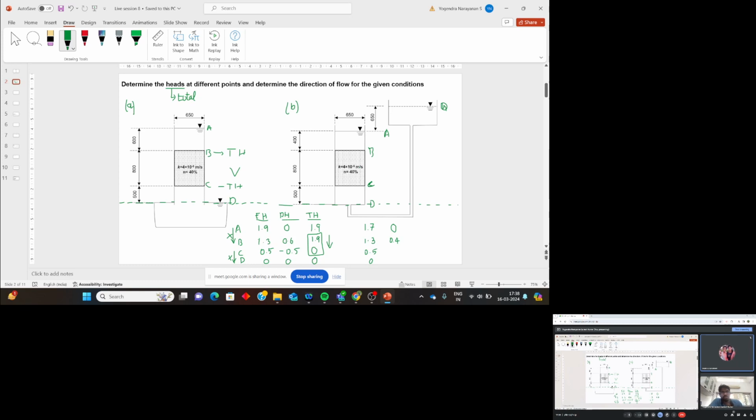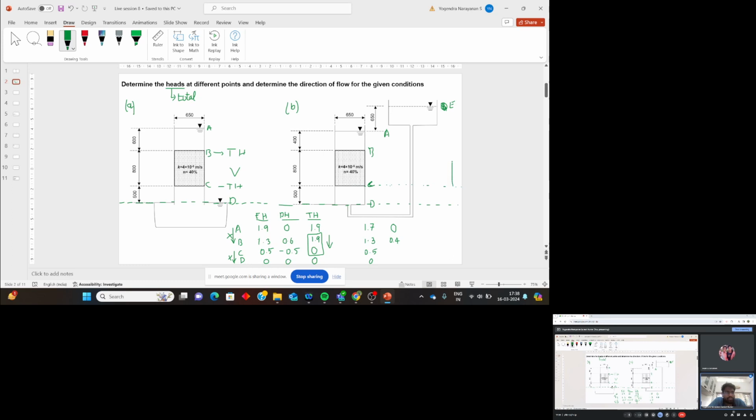Explain, sir. Okay, now if you keep a piezometer here, to what height will it rise? It will rise up to this point, right? Let us say point E. Are you able to understand? Yes, sir. Now, up to here, entirely this part and this part will get cancelled.